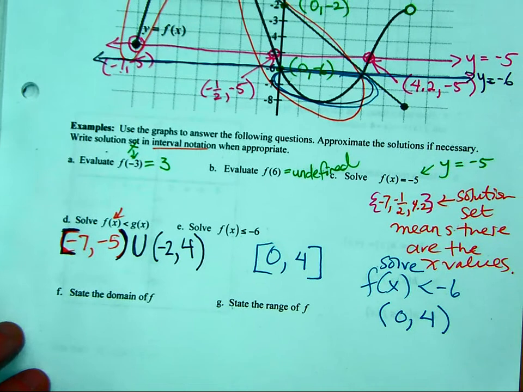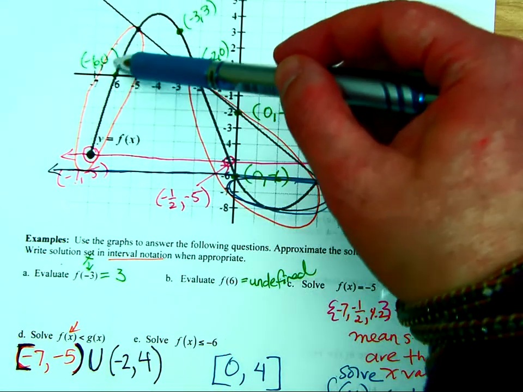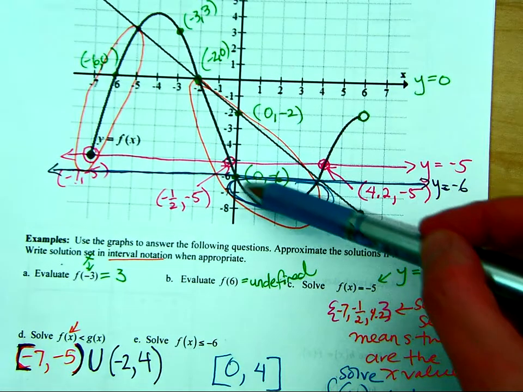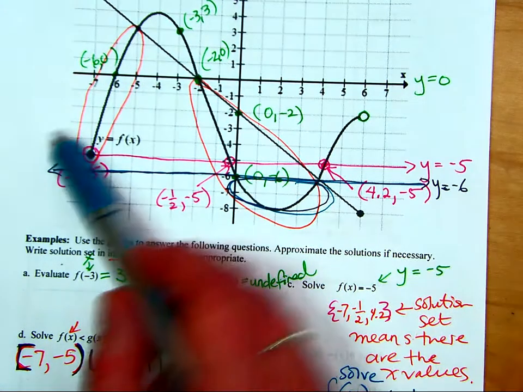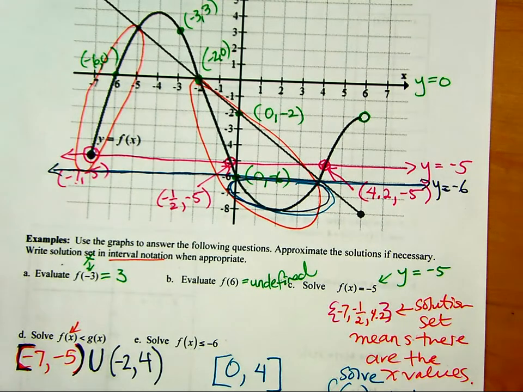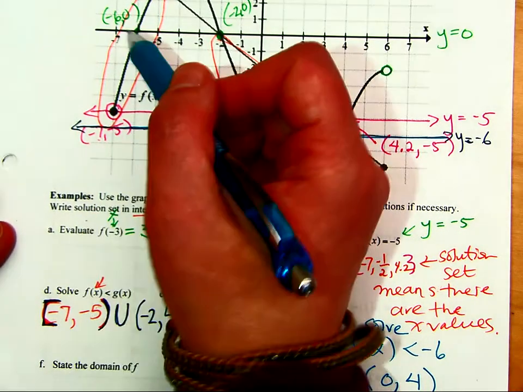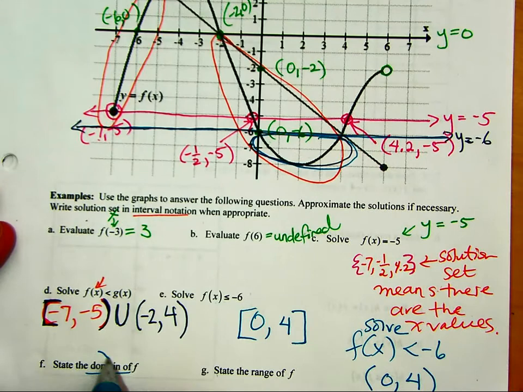State the domain of f of x. So the domain is all the x values. X value, x value, x value, all the way to here. So think about the domain. Where does it start? Where does it stop? Who can tell me that? Okay, yes. So starts at, what we were doing x values, remember, right?